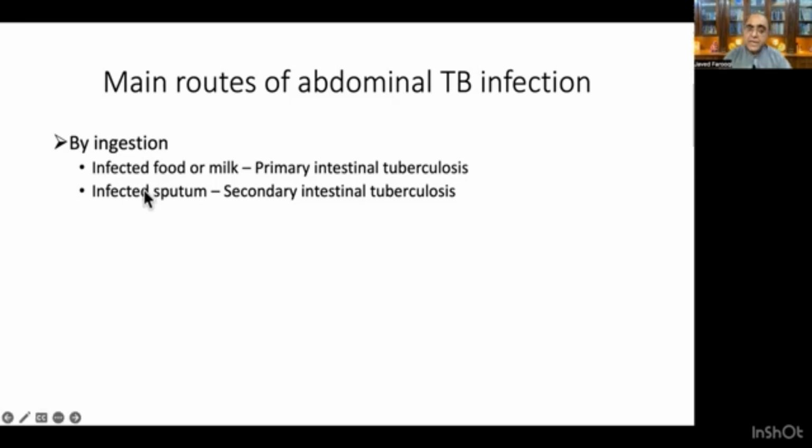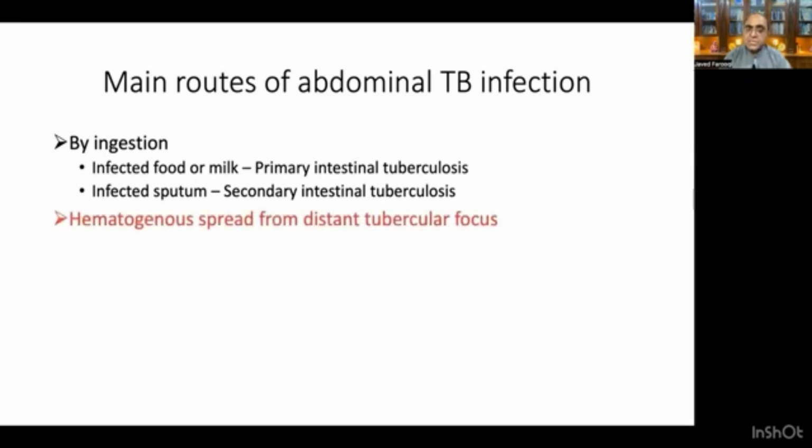Then the patient may ingest infected sputum from the pulmonary source, and this will be called secondary intestinal tuberculosis. So ingestion of food or milk is primary intestinal tuberculosis, and ingestion of infected sputum from the pulmonary focus is secondary intestinal tuberculosis.